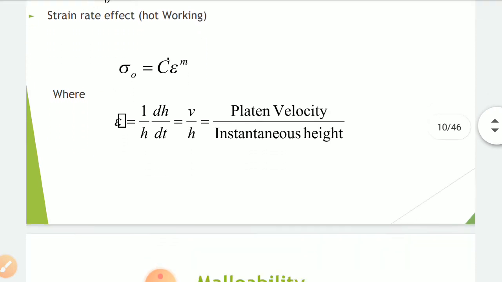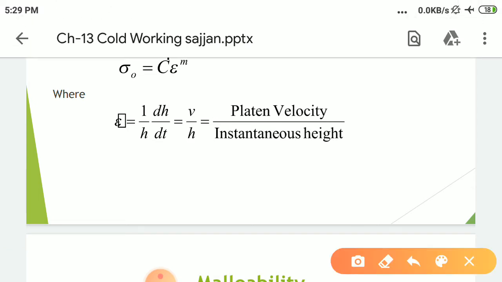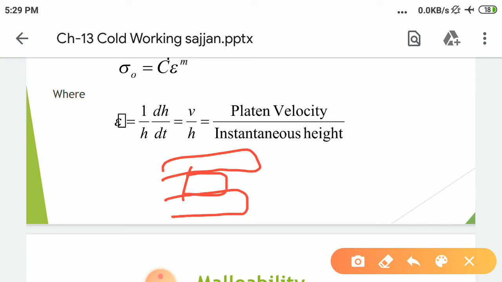Here epsilon is the plate velocity divided by the instantaneous height, that is v divided by h. I can explain the instantaneous height like this. Suppose this is our workpiece, and this is one plate and this is another plate.